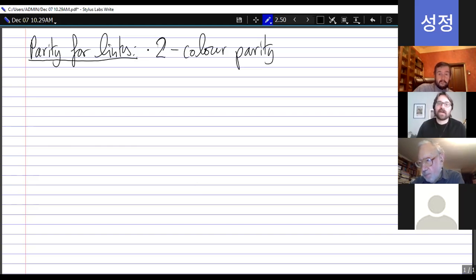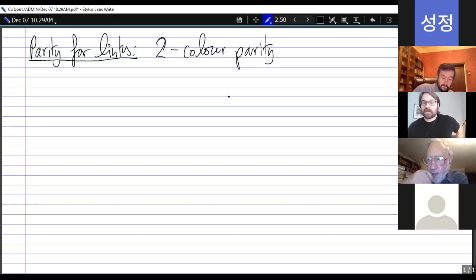And of course, everything that I say today is all about virtual links, but in light of the previous two excellent talks, where they outlined the bijection between virtual links and these new graph theoretic objects called graphenes, the nice thing to note is that everything that we talk about with parities for virtual links is automatically carried over to parities for these graphene objects. So this is a nice interaction between what I'm going to say today and their talks.